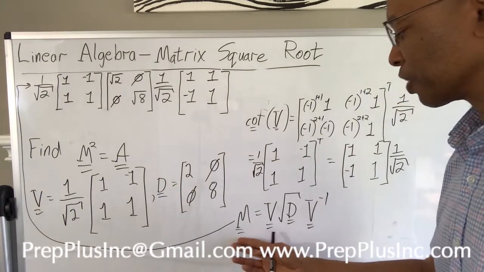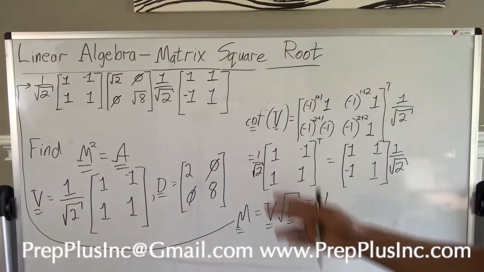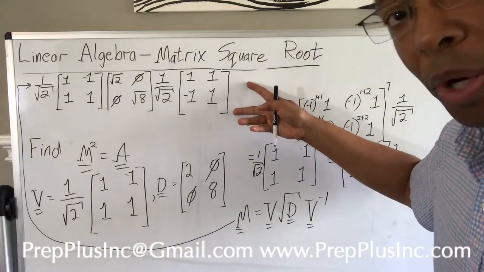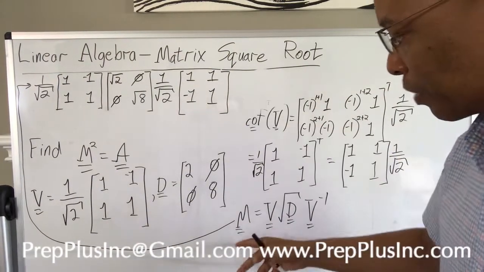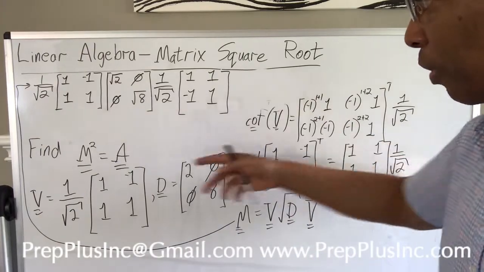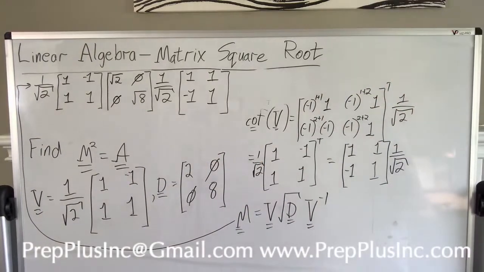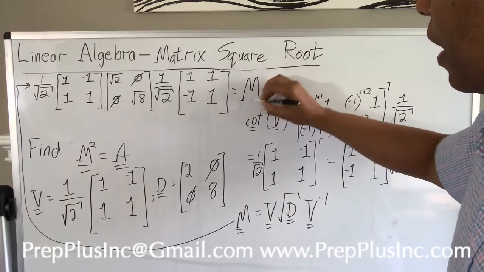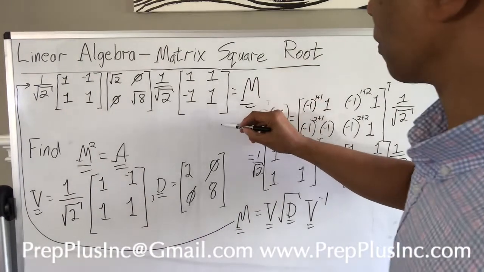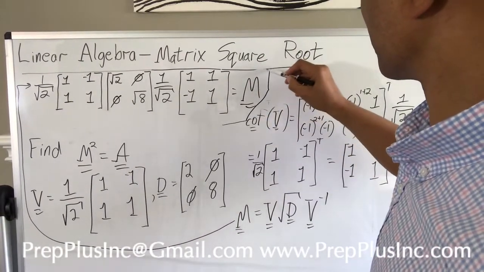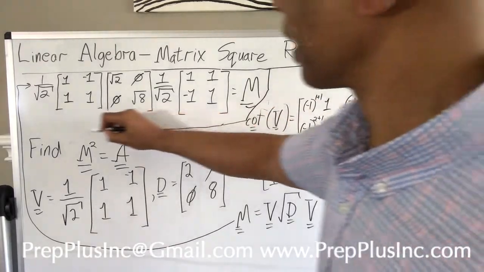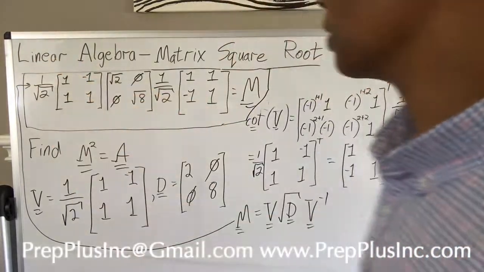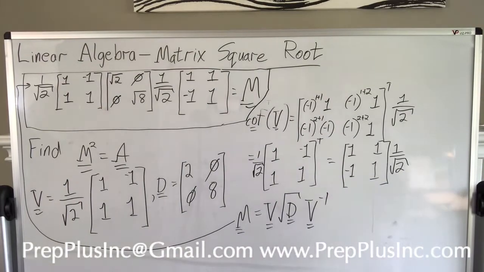So we just use this result to obtain the square root M matrix, the square root of the A matrix. If we just go ahead and calculate this out, this is our answer, and I'm not going to calculate that out in the interest of time. So this is the result that we're looking for.